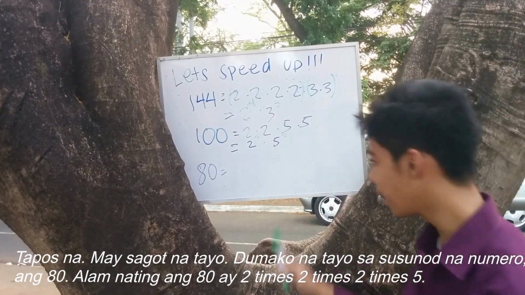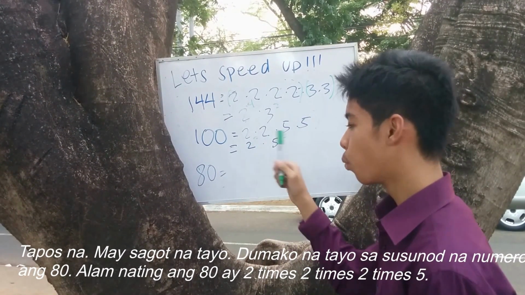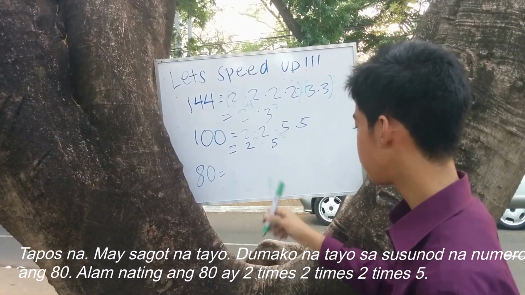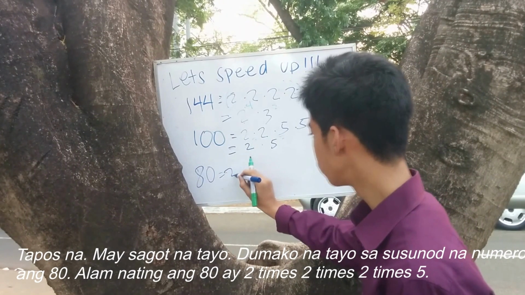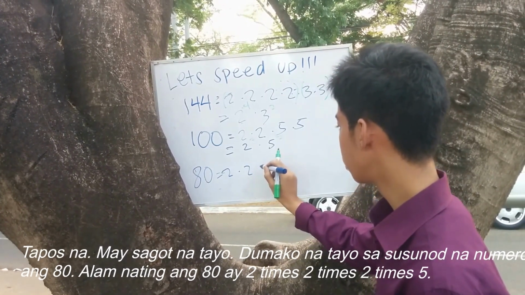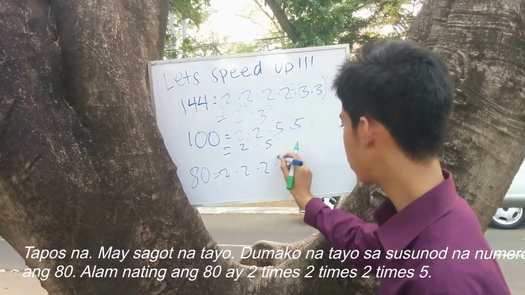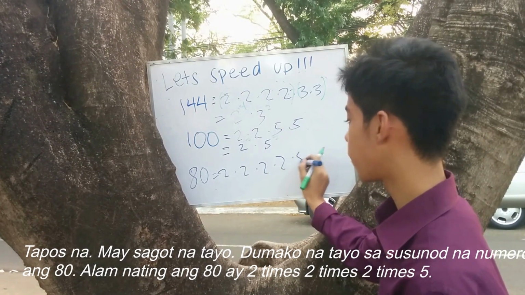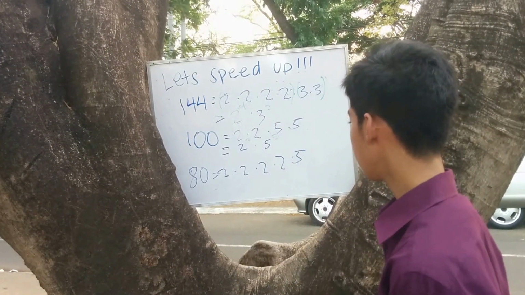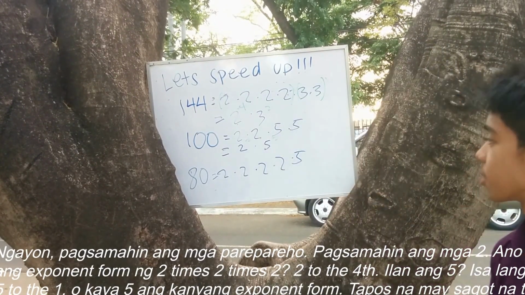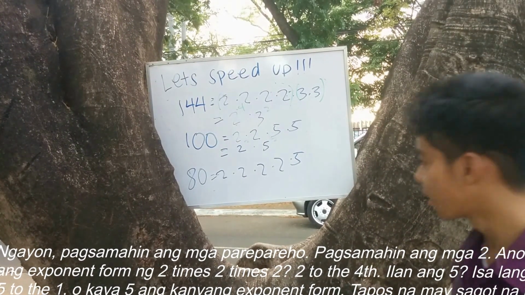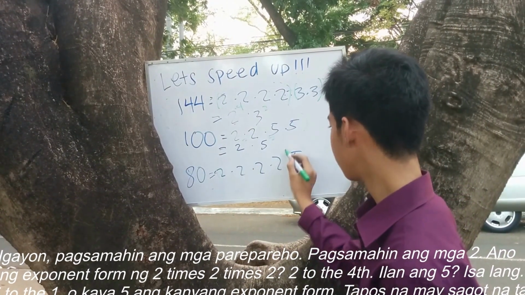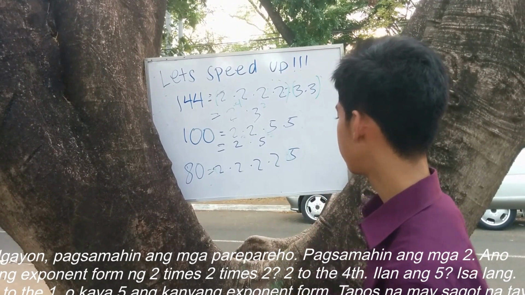Let's move on to 80. We know that 80 is 2 times 2 times 2 times 2 times 5. Now we group the identical factors. The identical factors are 2, 5.